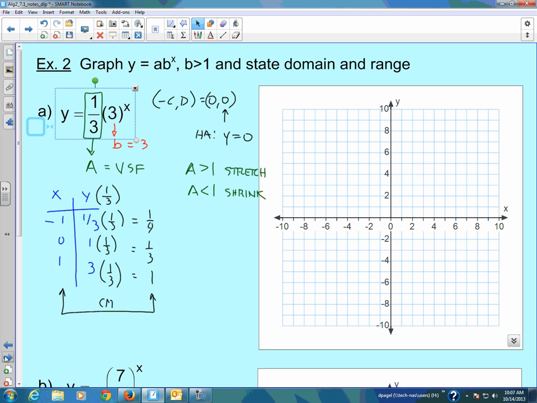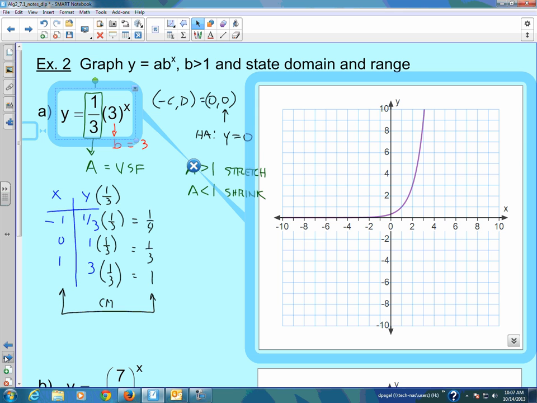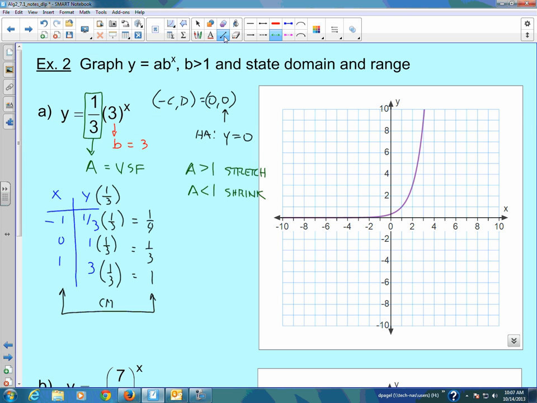If we graph that guy, there we are. Horizontal asymptote one more time at y equals 0. I think I kind of got it moved up a little bit, so let's bring it down. y equals 0 there. So this graph shrunk vertically.